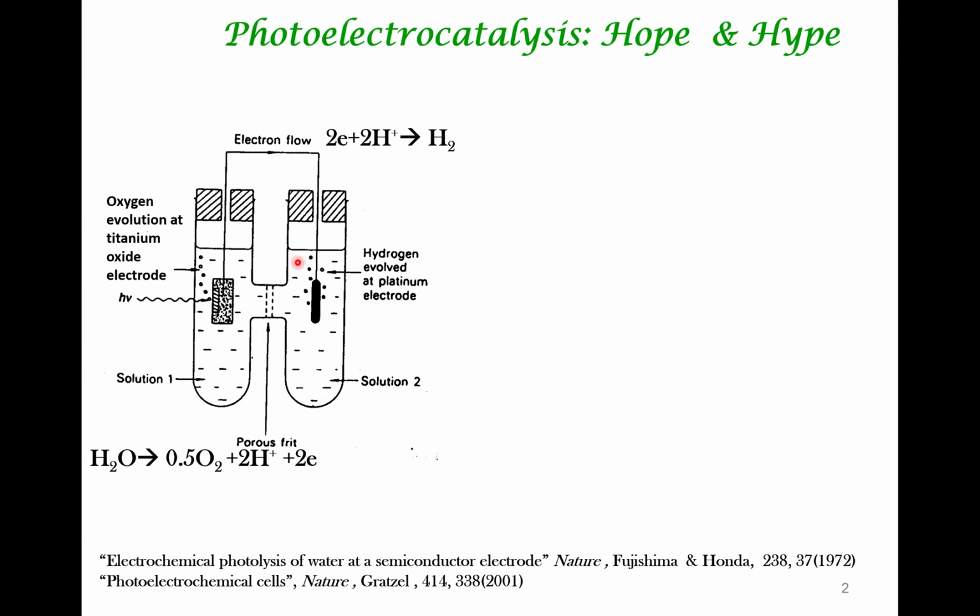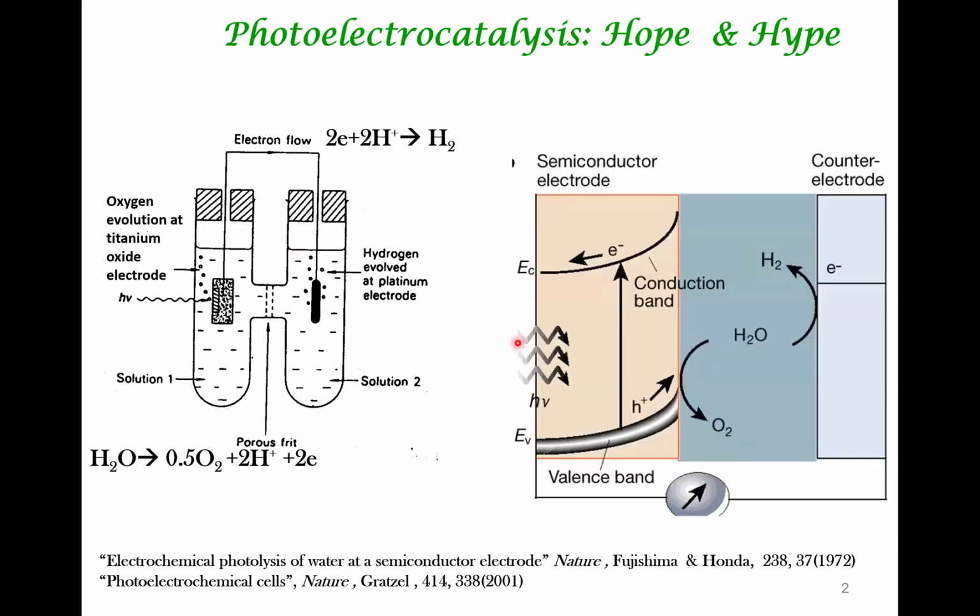Looking at this in certain detail, when a semiconductor absorbs light, it generates a hole and an electron. Water splits into oxygen, and the two electrons released combine with this hole, right?